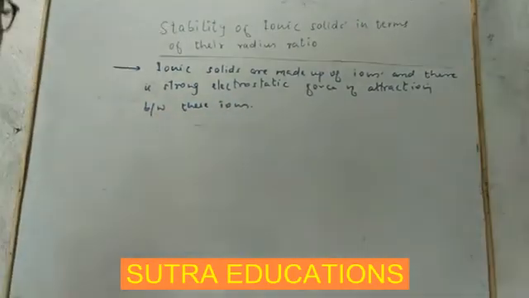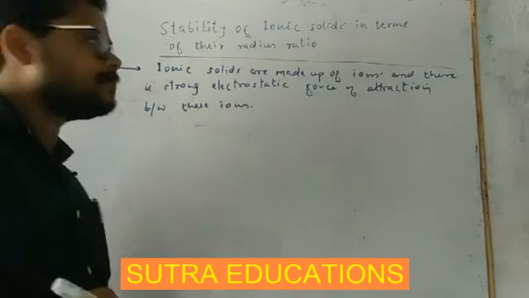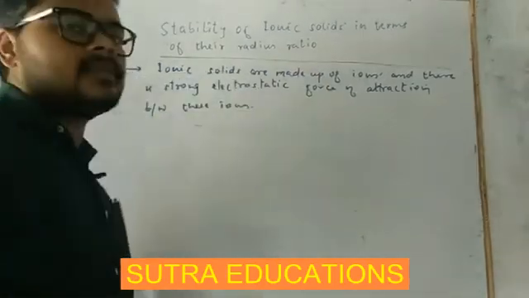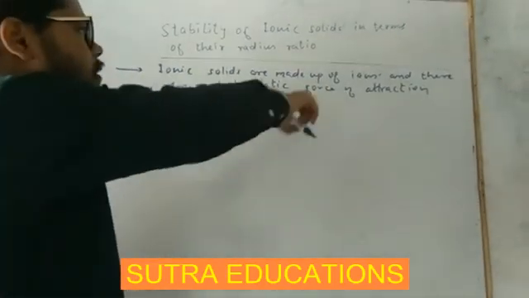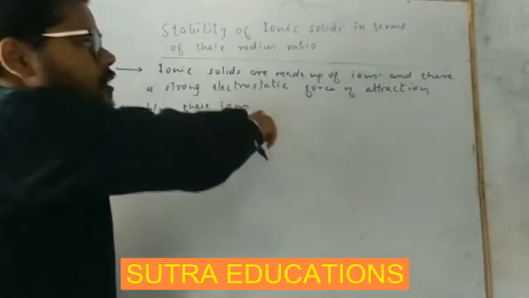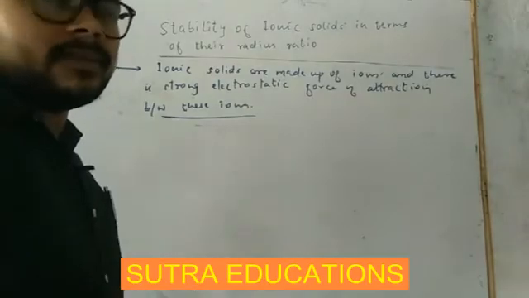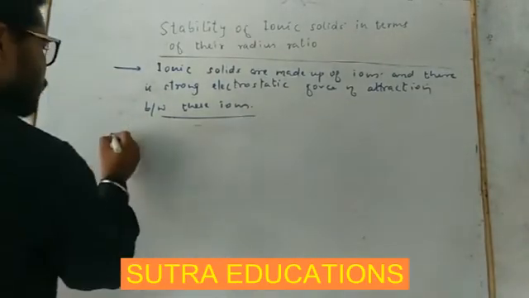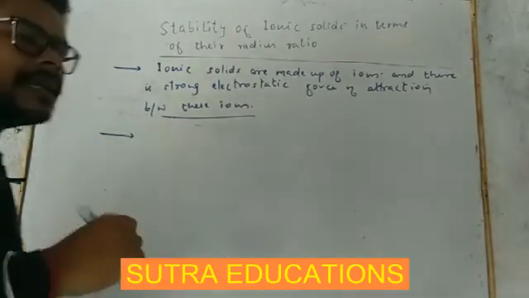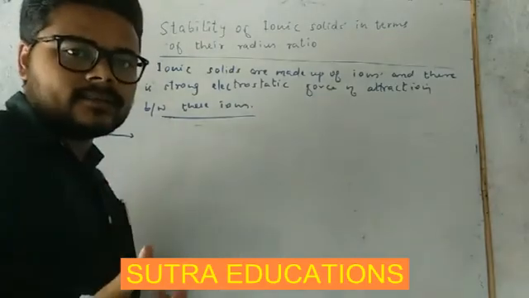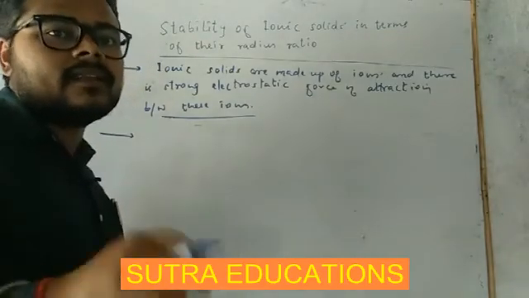Okay. Ionic solids are made up of ions, and this means there is strong electrostatic force of attraction between these ions. Okay, then one more thing, size of cation is always less than the parent atom.